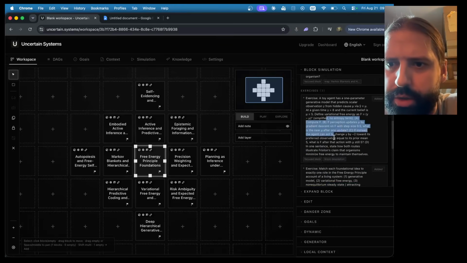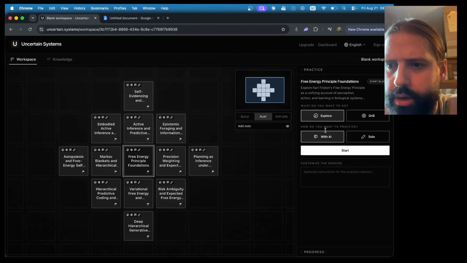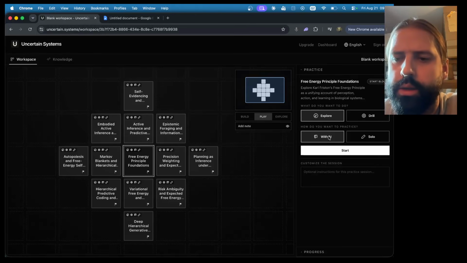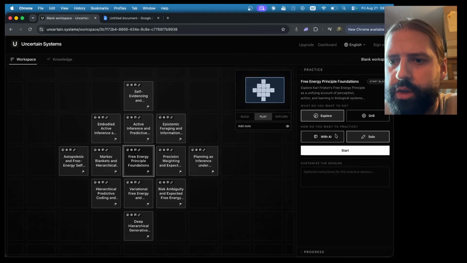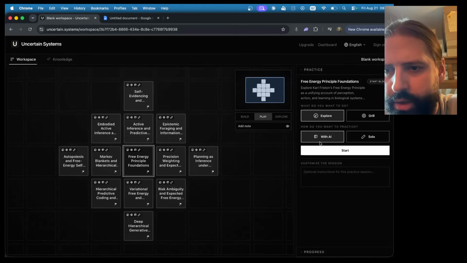First, I'm gonna just do an explore with AI. I'm thinking an explore solo makes a lot of sense as well, because it's a little more open-ended initially, although the AI one is quite guided. I'll do it with AI.